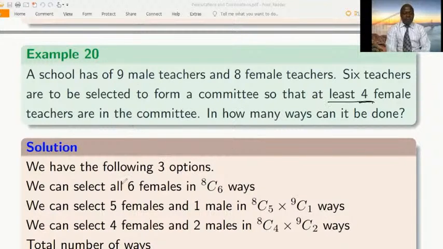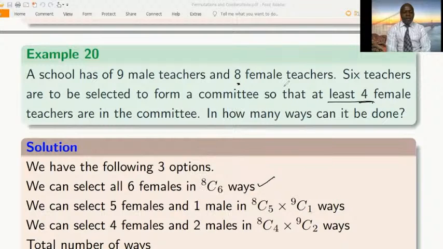That's the condition. So we can have a situation where all the 6 are female, and that is important because we have at least 4. So we can have all the 6 being female, and it's 6 out of 8 females. So that is combination 8-6.